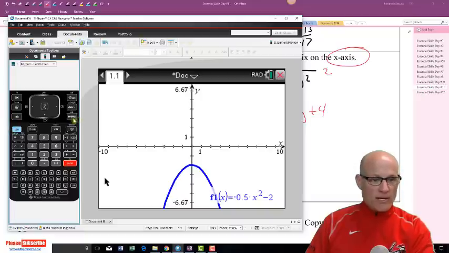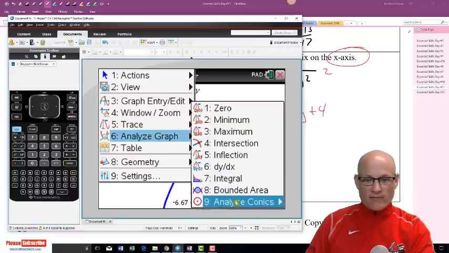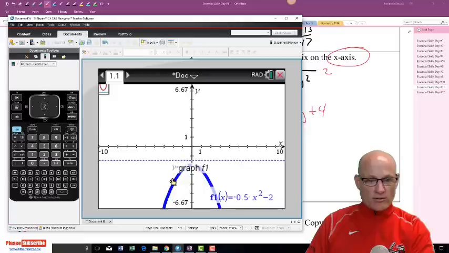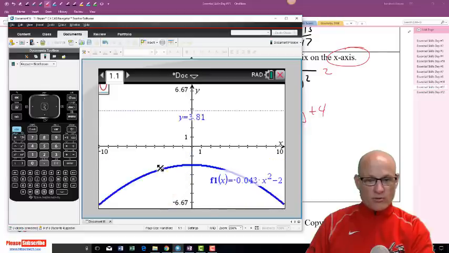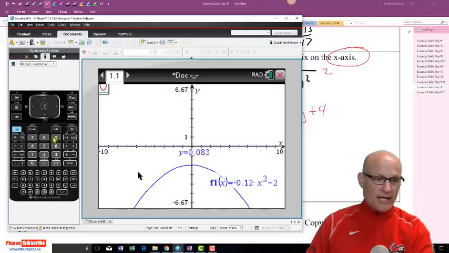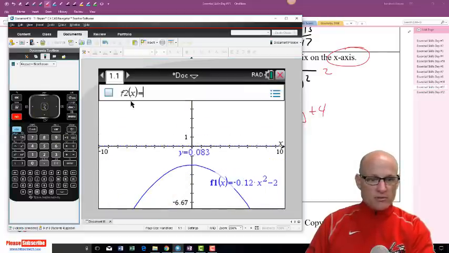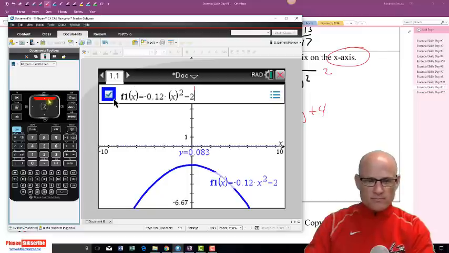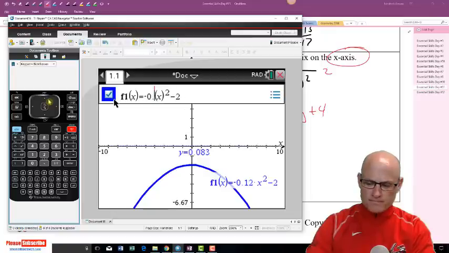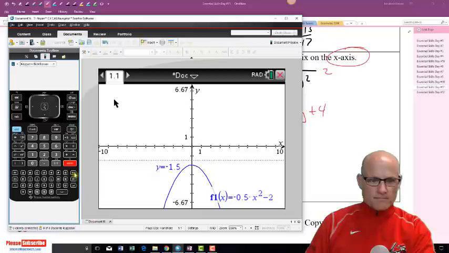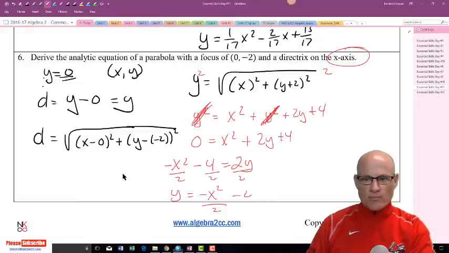So, menu, analyze graph, analyze conics. Let's go directrix first. The directrix is y equals negative, what the heck? Nope, totally messed up.